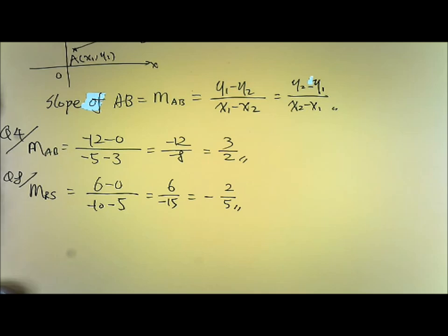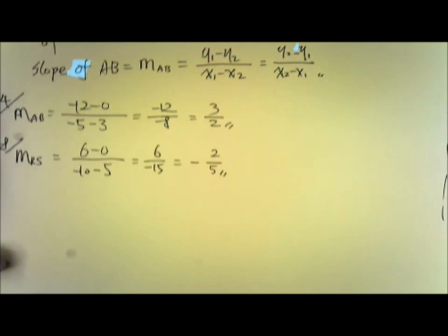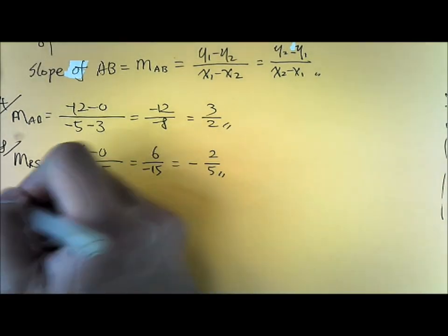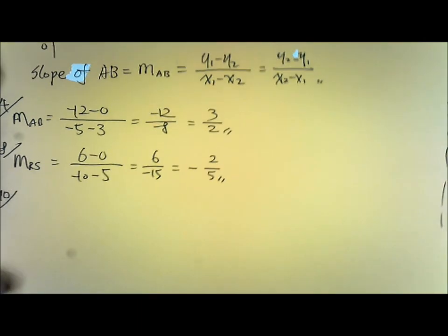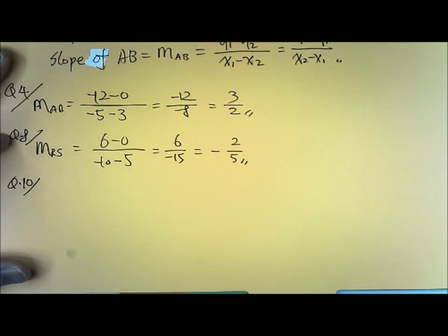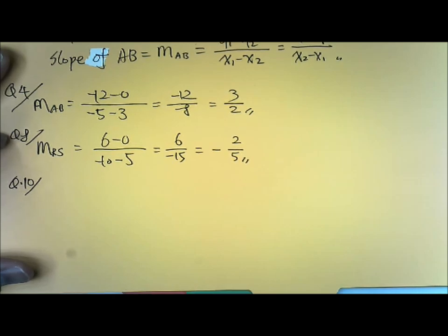Understand? So keep going. From question 9 to question 12, I will do 2. Question 10. We have L1 and L2. L1's slope is 2.